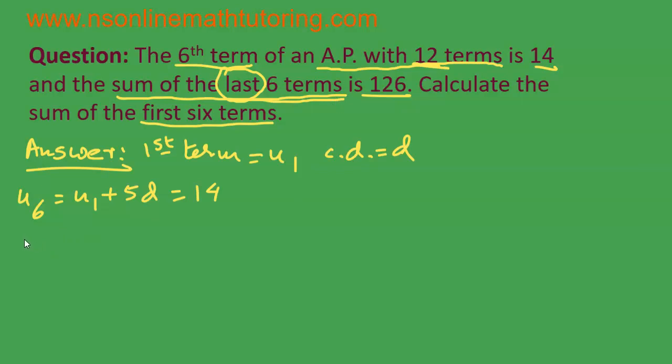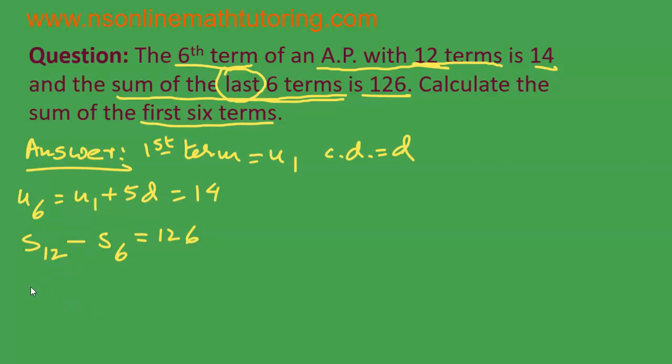So the sum of the last 6 terms will be equal to the sum of all the 12 terms minus the sum of the first 6 terms, right? This is equal to 126. What is the summation formula for the first 12 terms?